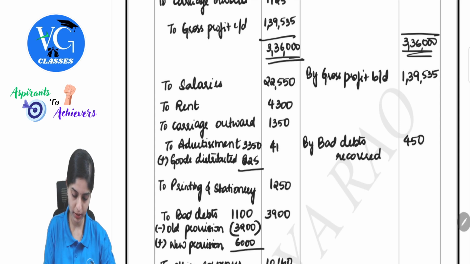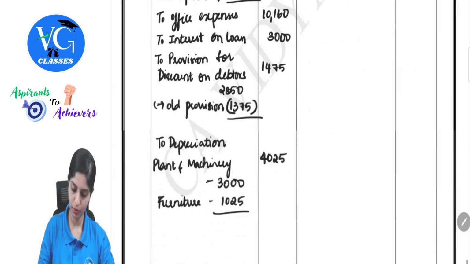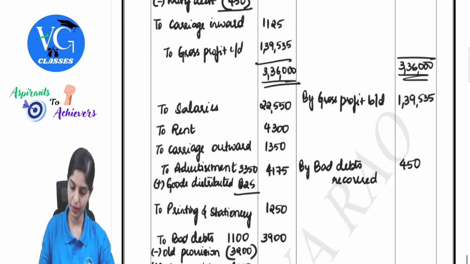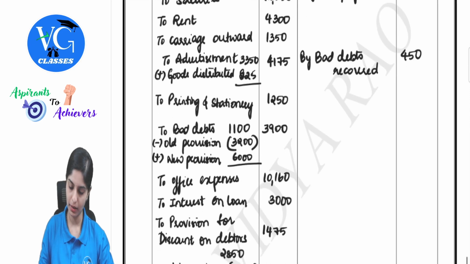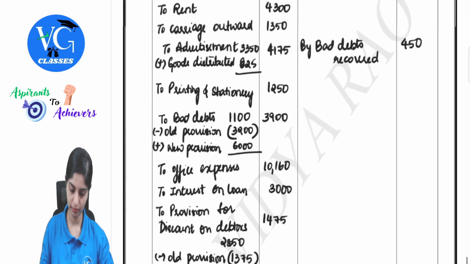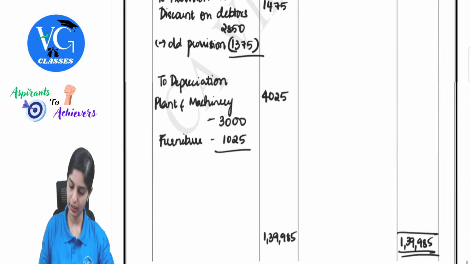It is 4,175. So 139,985 minus 22,550 minus 4,300, 1,350, 4,175, minus 1,250 minus 3,900 minus 10,160 minus 3,000 minus 1,475 minus 4,025.